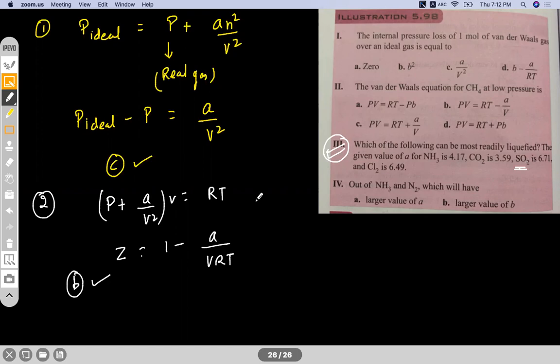Okay. Out of NH3 and N2, which will have the larger value of A? NH3 has hydrogen bonding, so it has the larger value of A. For the larger value of B, what can we say? N2 has large molecular size, so for this one it will be N2. The size of N2 is more. This kind of question is a bit difficult to understand, like which one has more size or less.